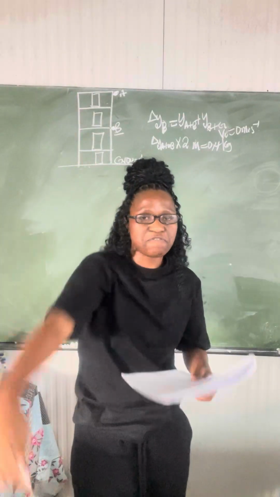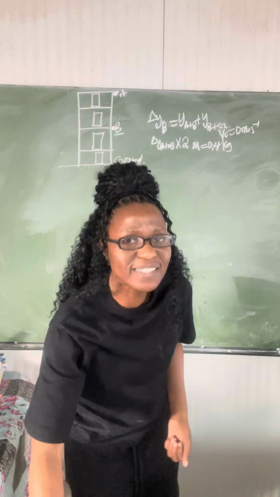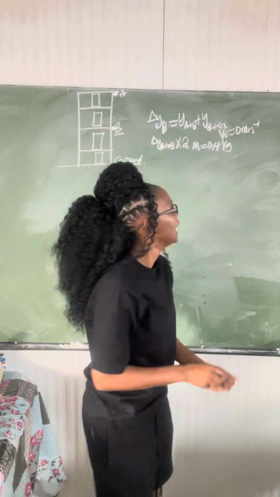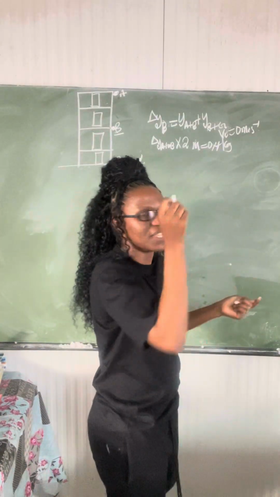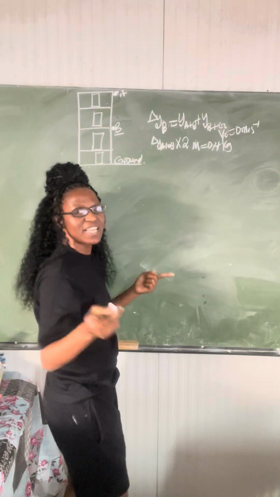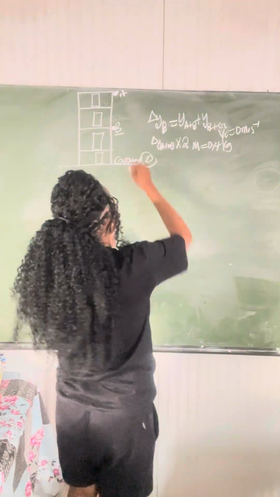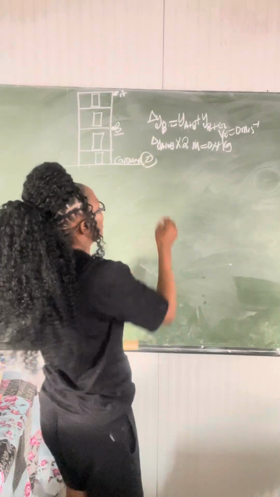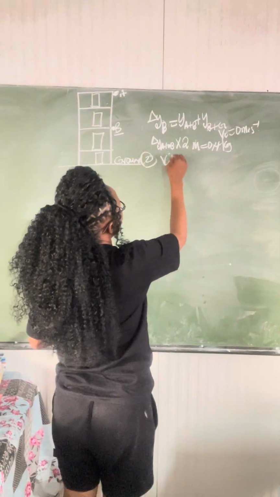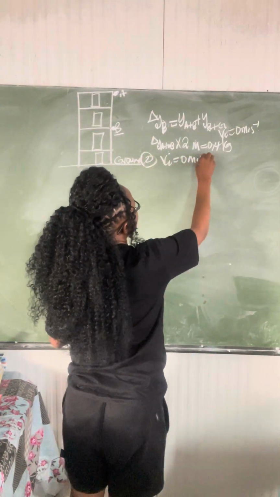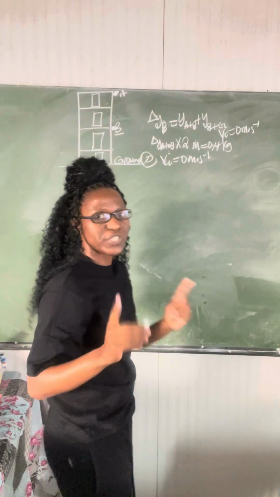So the first thing that we will do together is analyze everything that is given. We are on the second question, and we are focusing on point A. On point A, we know the initial velocity is 0 meters per second.